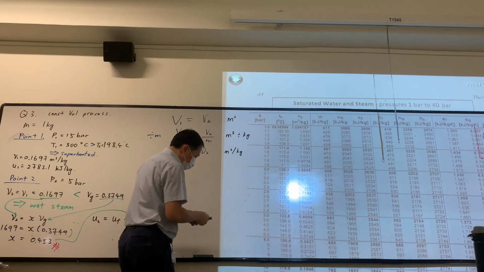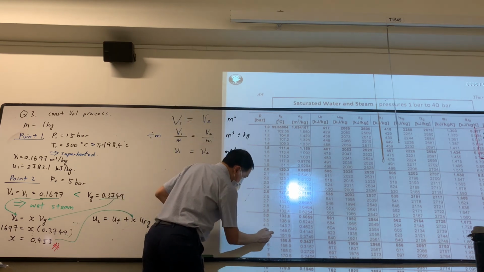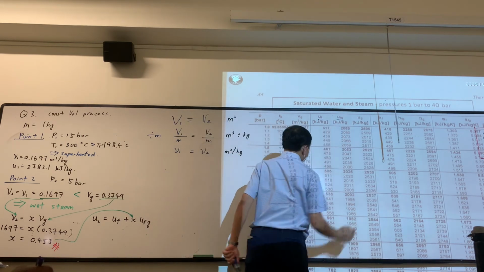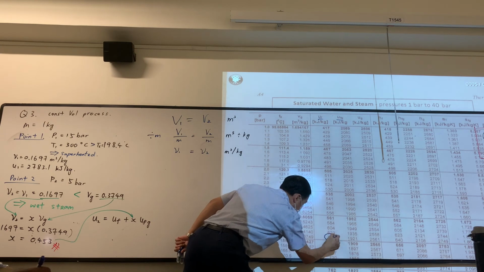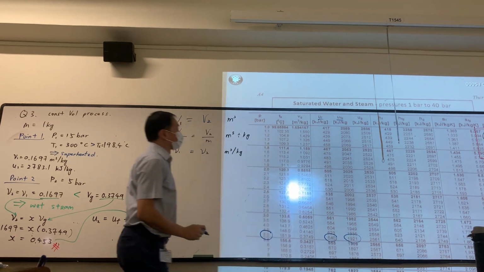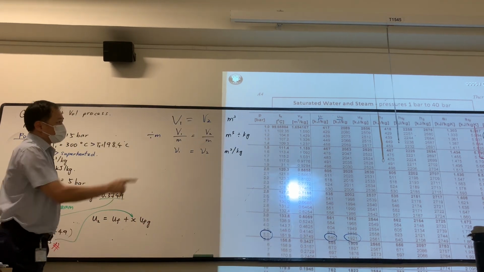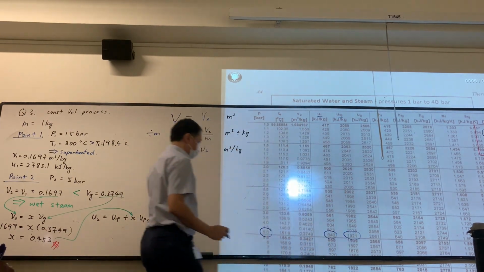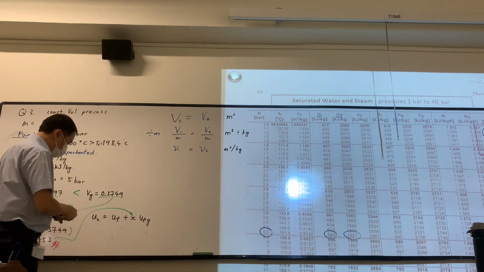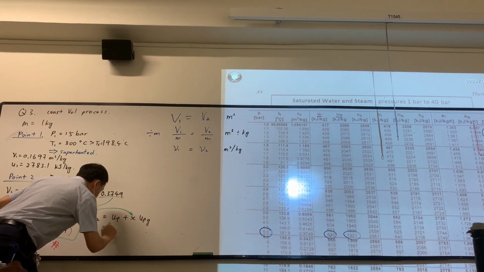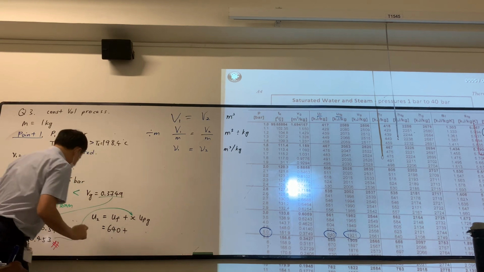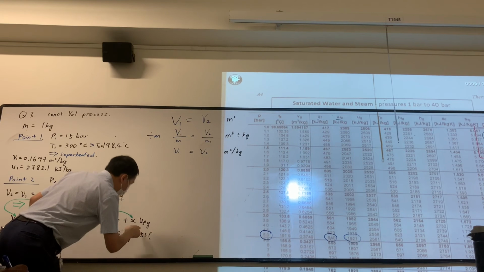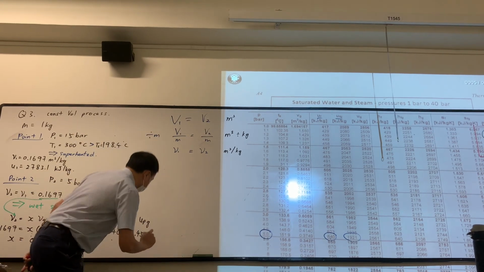So you look at 5 bar. Then you can see UF and UFG, which are 640 and 1921. So you get these two values here: 640 plus 0.453 times UFG, which is 1921.